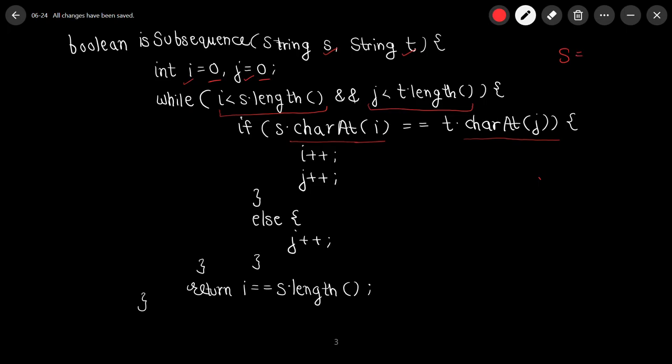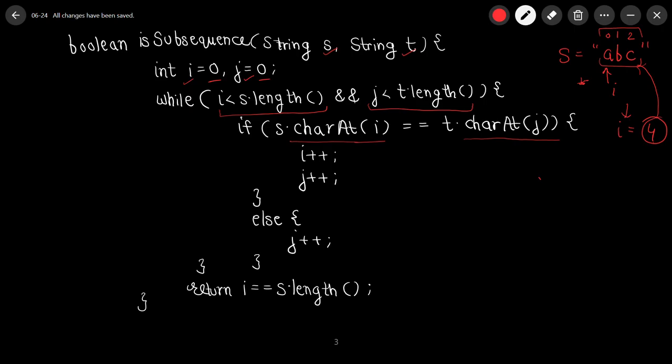Suppose the string is ABC. Here indexing is 0, 1, 2. Suppose i initially points to 0, right? Suppose at some point of time i reaches, let's say, 4. The range here is 0 to 2, right? So how will we access 4? Because only 3 characters are there. That means indexing is from 0 to 2.